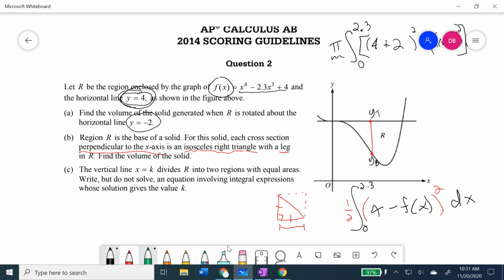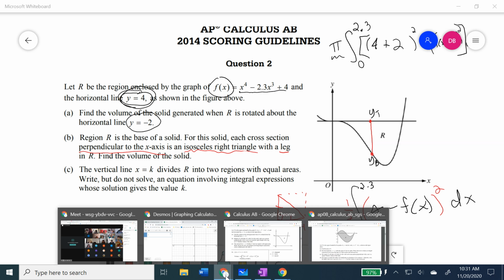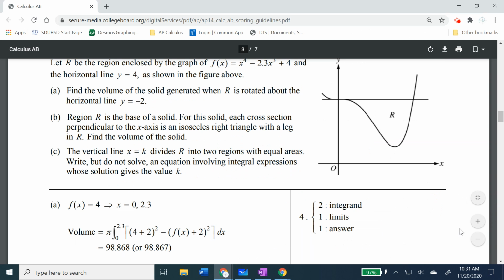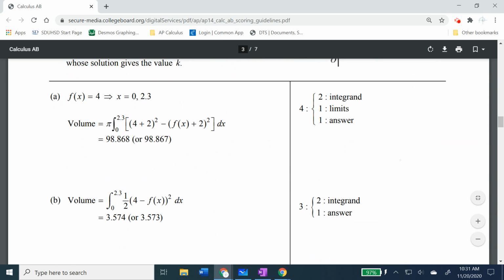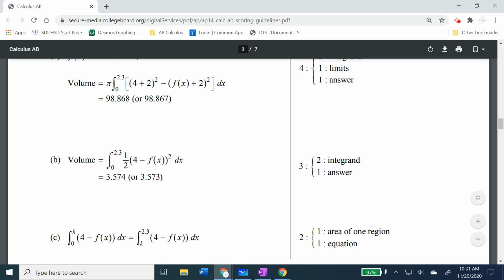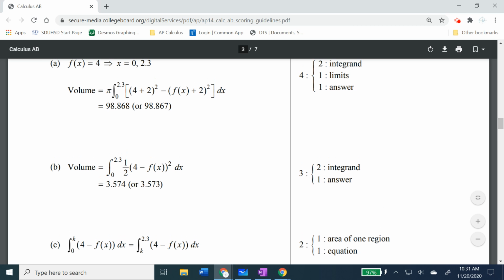Now I'm going to show you how much the points were worth, or the particular points toward Part B. So you can see that this time there wasn't a point given to the limits. It was just the integrand and the answer.